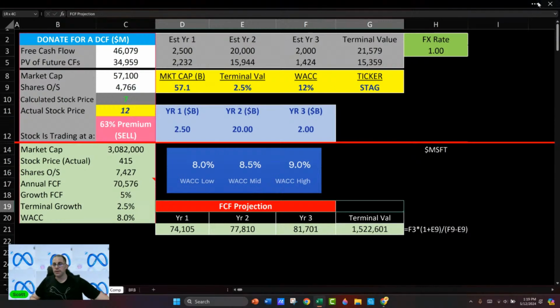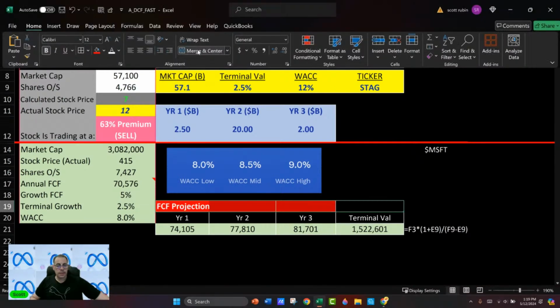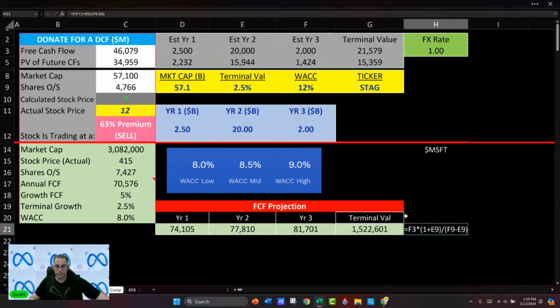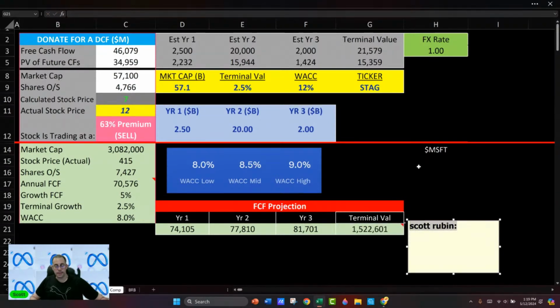Maybe I should put this over here. I'll put a footnote here. It's the latest free cash flow times 1 plus your growth rate over WACC minus growth rate.